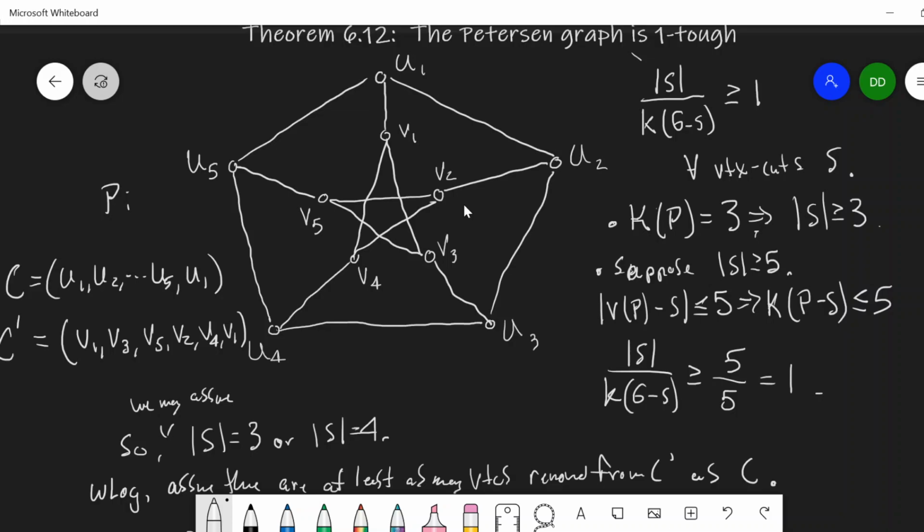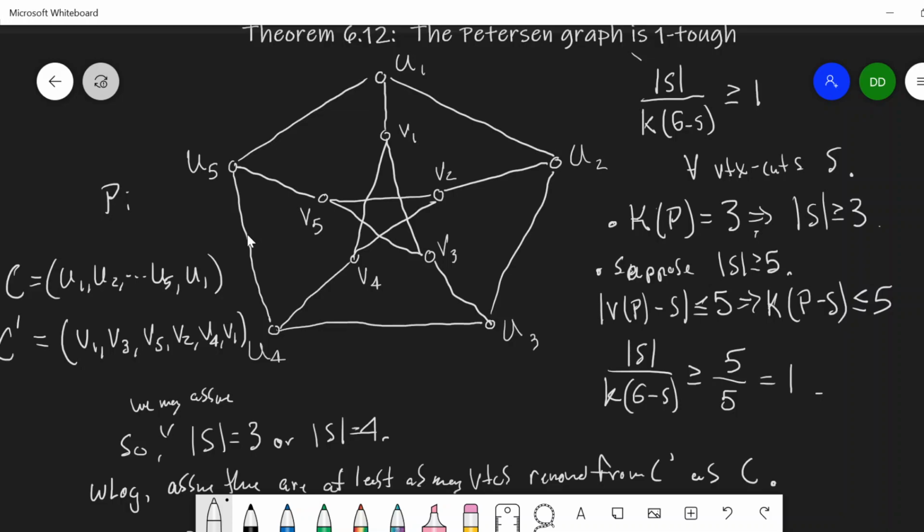Let's see, and then, right. So yeah, what I said does make sense. This is the argument, right? There would be 2 components of order at least 2 each. That's 4 vertices. Then I have 2 vertices remaining.